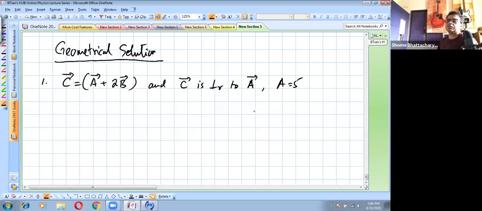This is the first piece of information that is given. Okay, so let's convert that into a diagram now. Suppose my vector A, just assume, it's not given that it's along the x-axis, but I can take my x-axis wherever I like. So suppose this is my vector A.